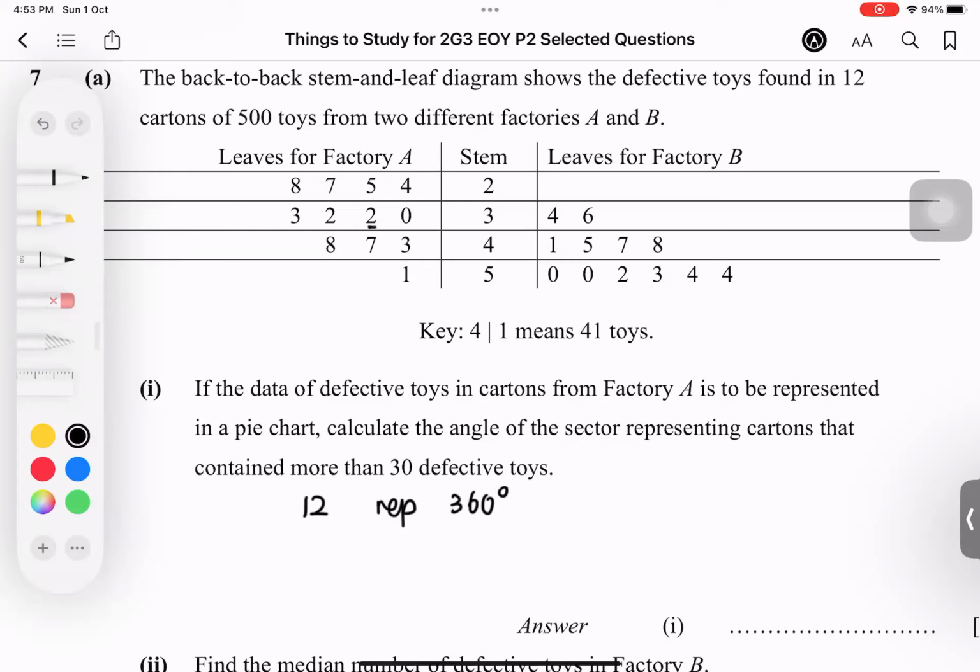So we get 32, 1, 2, 3, 4, 5, 6, 7. So there are 7 of them. So this answer will be 7/12 times 360 degrees, and we get the answer 210 degrees.